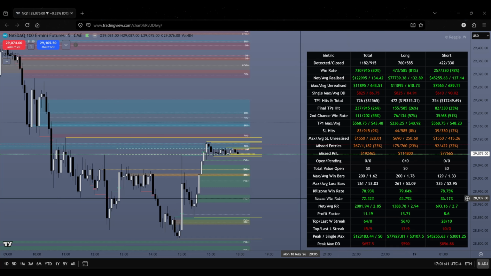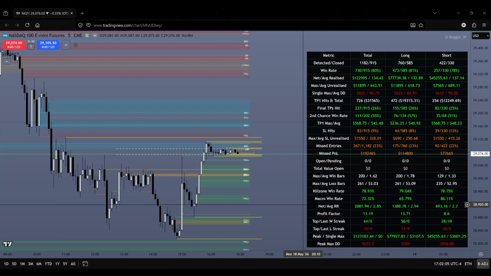The macro win rate, so that's the same, it's detected setups within the macro windows. So they can open and close outside the window. The important part is they're detected inside this window. Well, the macro windows throughout the day. So that's your win rate for those.